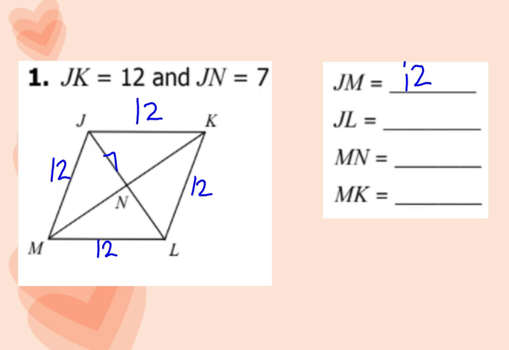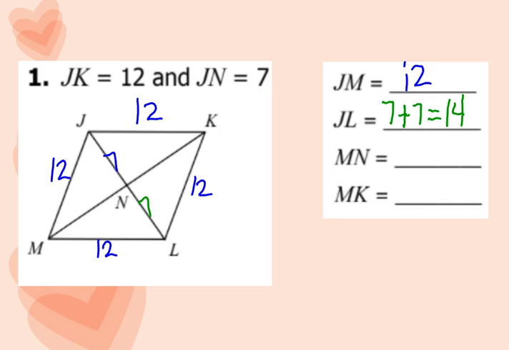That makes sense, because they're all equal. What about JL? 14. This half is 7, that's 7. Perfect.